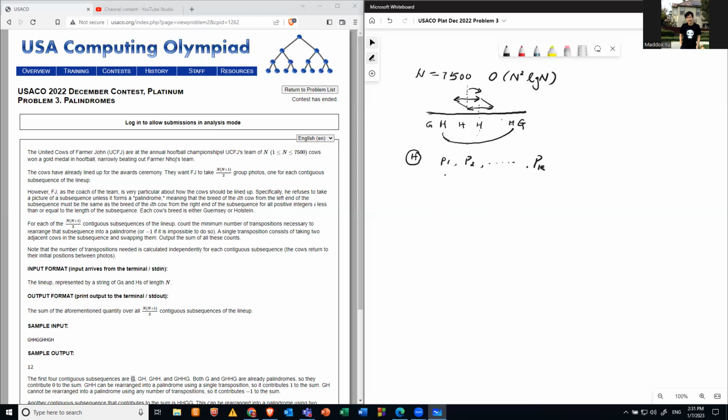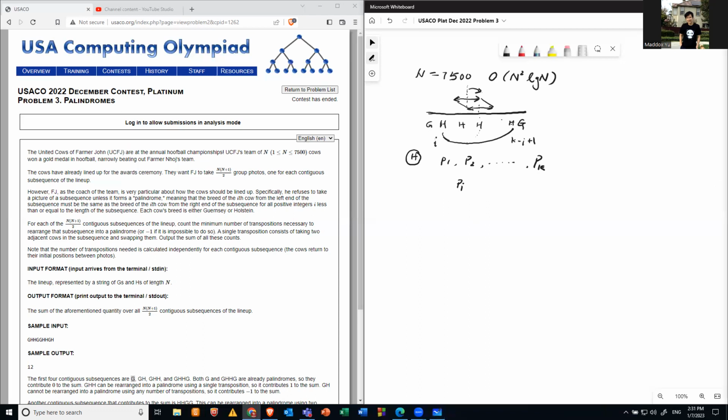So obviously, look at the I-th edge, P of I. You have to match P of I to the K minus I plus 1 edge, right? So that's the one you need to match.